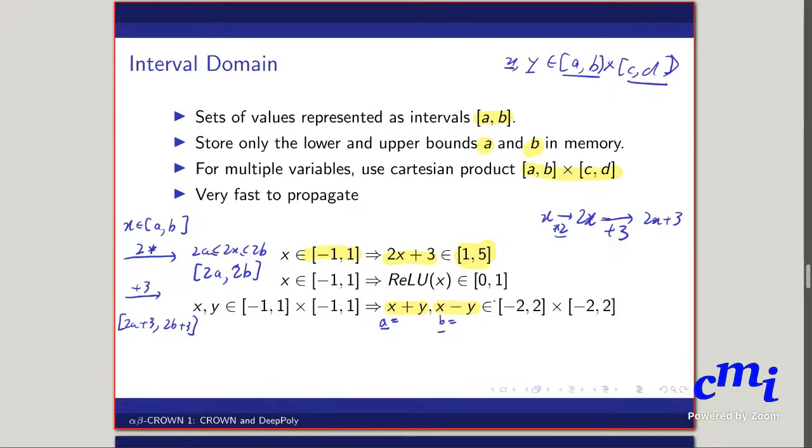The question is, what is the interval that x minus y will have when x and y are between -1 and 1? x and y are just some real numbers between -1 and 1, and I'm asking what is an interval within which the value x minus y will always be contained, and what is the smallest such interval that you can think of?